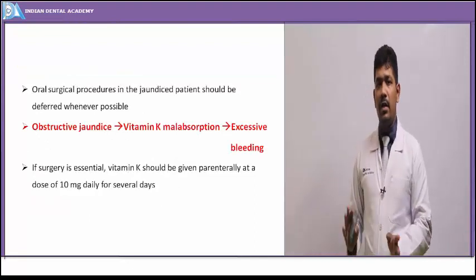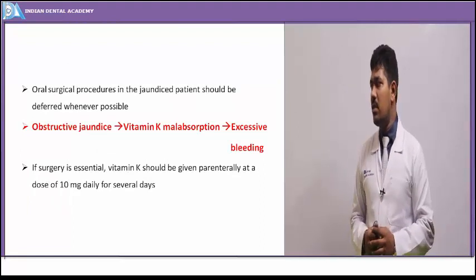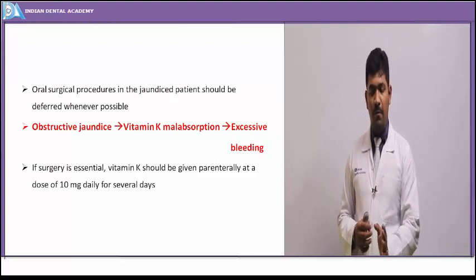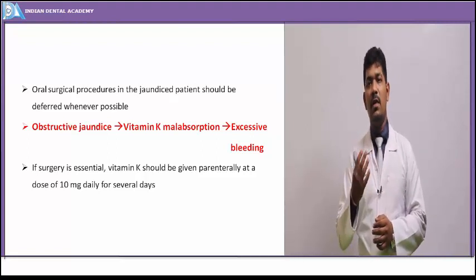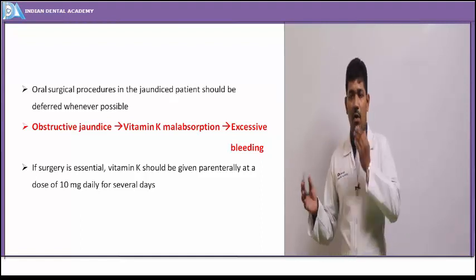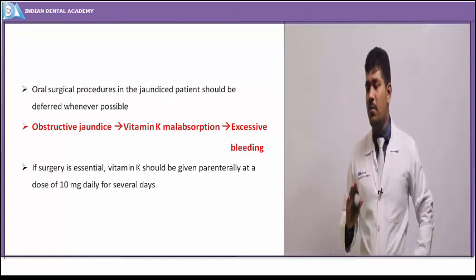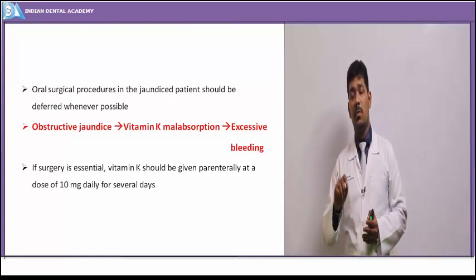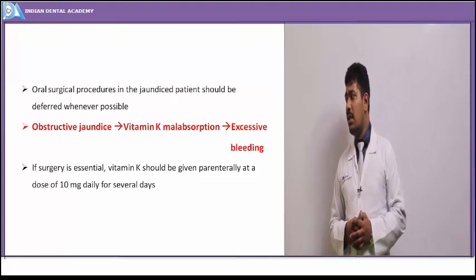The most important complication, although, is the feasibility of doing oral surgical procedures in jaundice patients. As we all know, because of obstructive jaundice, there is vitamin K malabsorption, which is one of the most important functions of this liver.